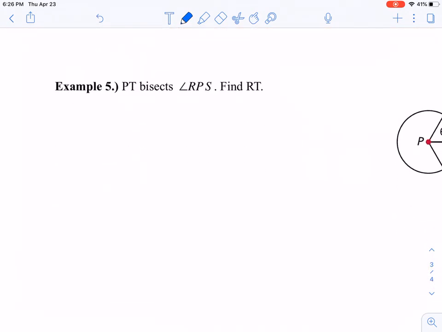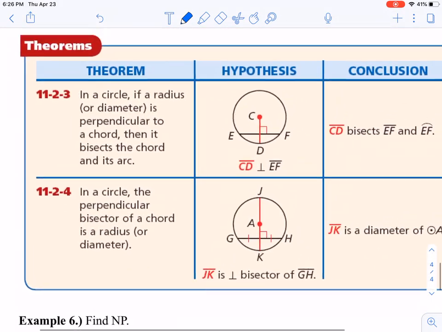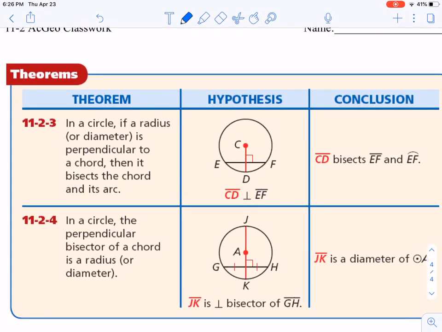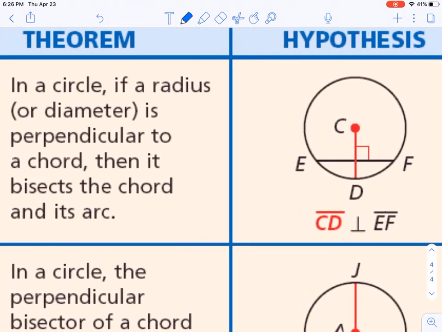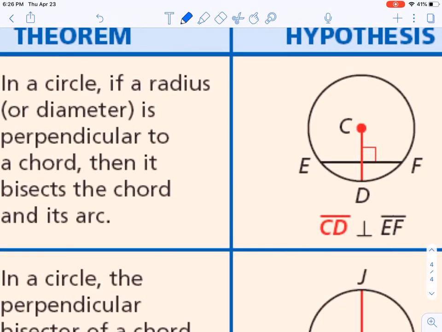And finally, the last two theorems. The first one is 11-2-3. In a circle, if a radius or diameter is perpendicular to a chord, then it bisects the chord and its arc. So if I'm looking at the chord EF, the chord EF is bisected by the radius CD.